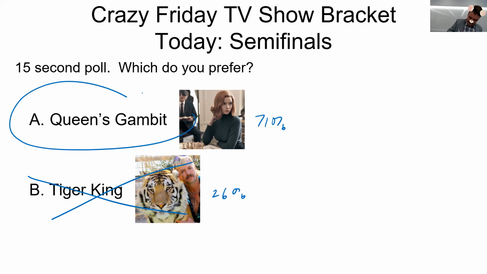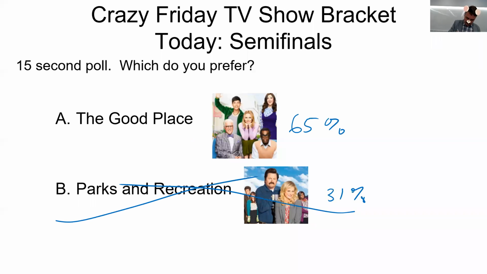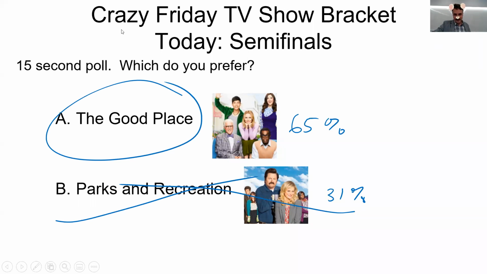So Tiger King is out. Good Place versus Parks and Recreation. A lot of people were lamenting the fact that Schitt's Creek was gone last week. 3, 2, 1, and polling. So there you go, 65% versus 31%. So out goes Parks and Recreation. So it'll be Good Place versus Queen's Gambit next time.